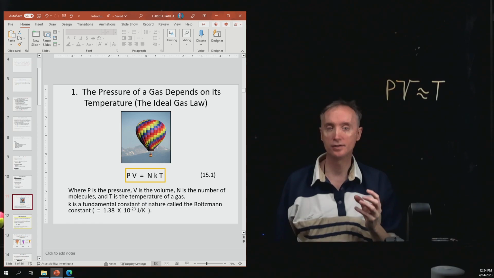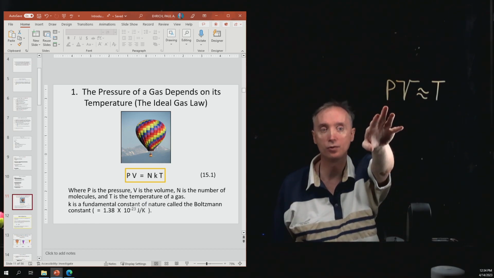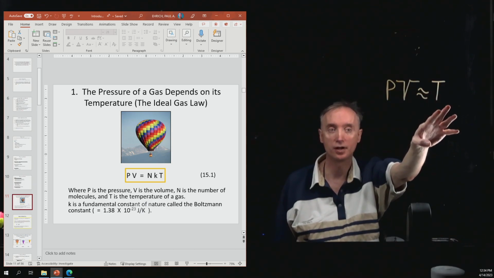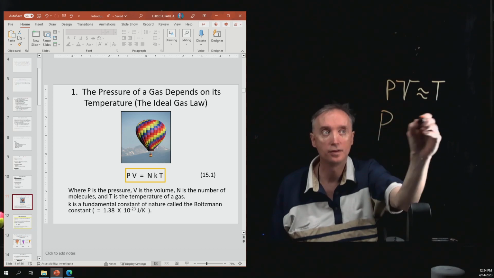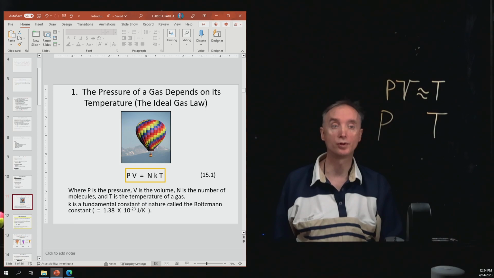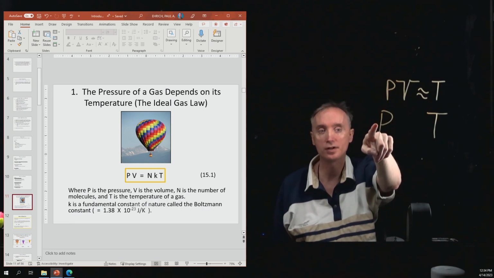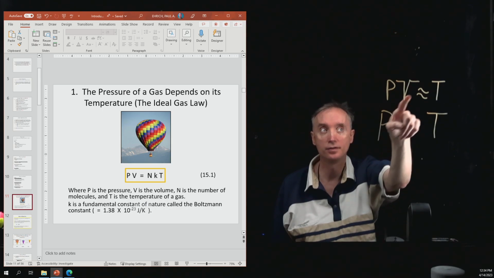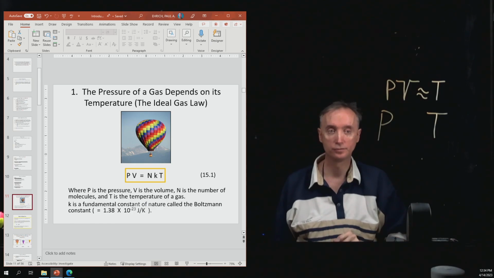In order to answer this, you should remember that whatever you do to one side of an equation, you do to the other side. So if this side gets big, then this side has to get big. We could even do it with numbers. So we could say if this pressure becomes 3 times bigger, then this temperature has to become 3 times bigger.